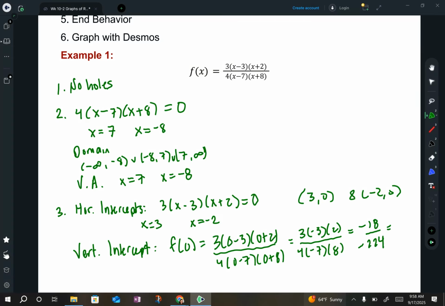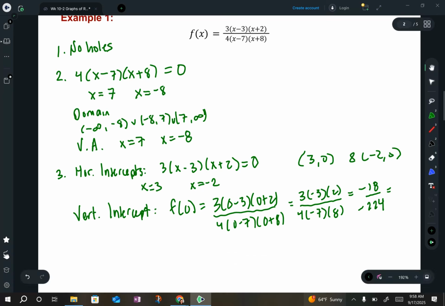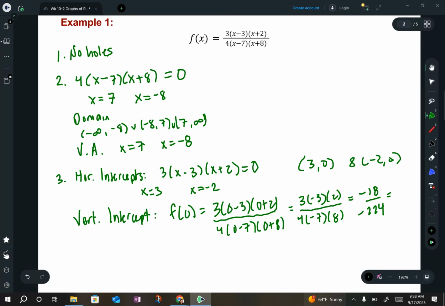And is that divisible by 18? Nope, it's not. So negative 18 over negative 224, let's reduce that fraction so it's a little easier to work with. Well, I know 2 goes into both of those. Because the numerator and the denominator are both negative, it becomes a positive number. And then 2 goes into that, so that's 9 over 112.